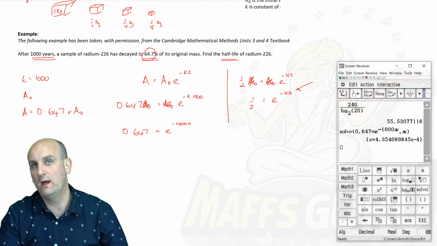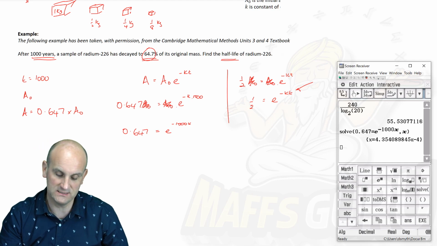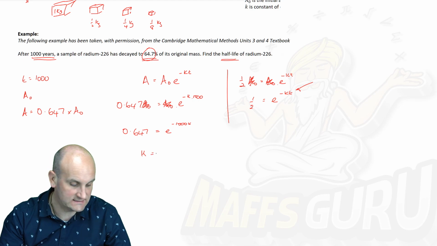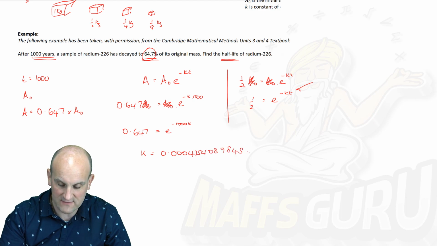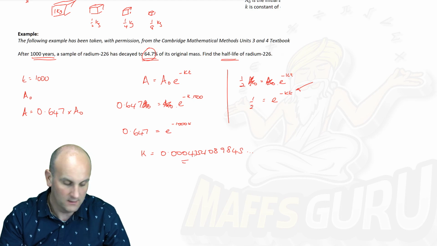Hopefully you are all conversant with standard form, or standard index notation. So that is telling me the value of k is equal to 0.0004354089845, and it continues on and on.